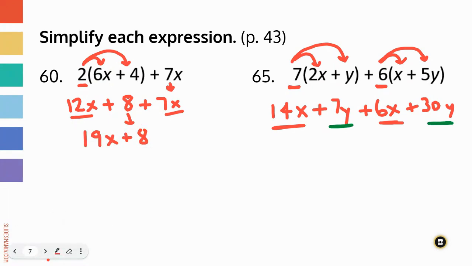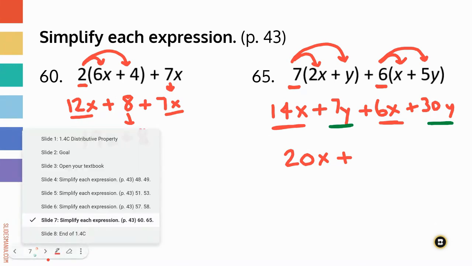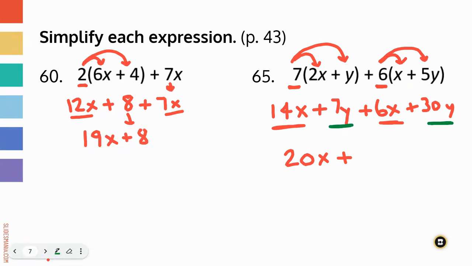So 14x plus 6x, that is 20x. And then plus, and then we're going to do our y's. So for our y's, we've got 7y plus 30y, which is 37y. So our simplified answer is 20x plus 37y.